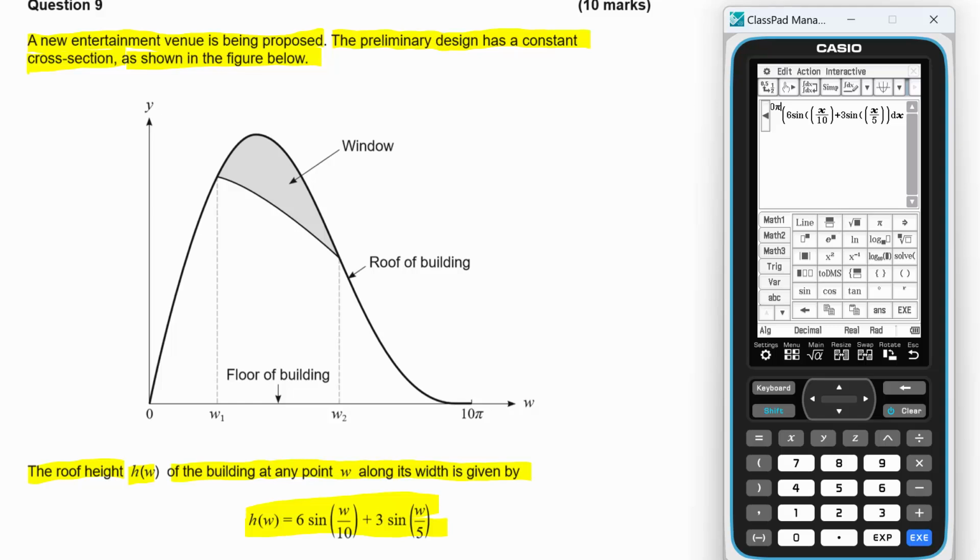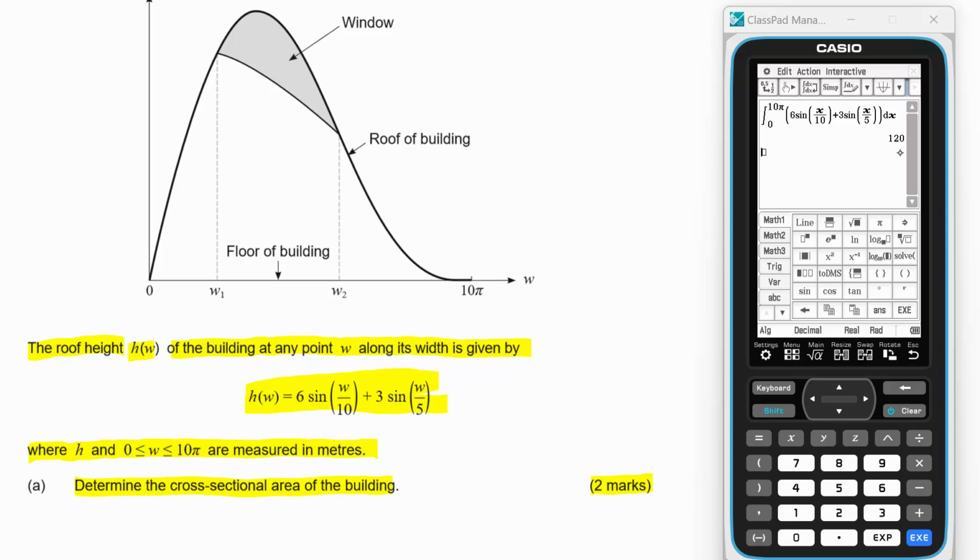I'll just pause and sort that out. I just had a couple of extra brackets in there that I hadn't taken out, so I've sorted that out now, and the answer is 120. So that would be in square meters. So area equals 120 square meters.